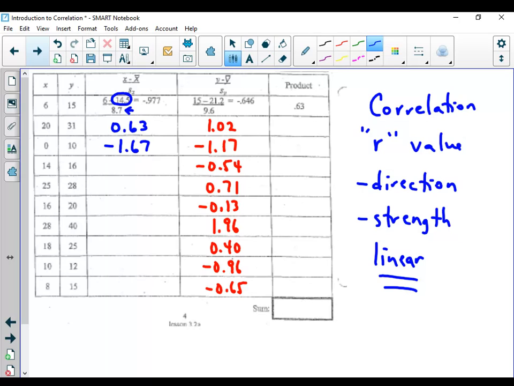I'll write in the z-scores that I got for the x's. If you think I'm crazy, tell me. All right, those are the ones I got.